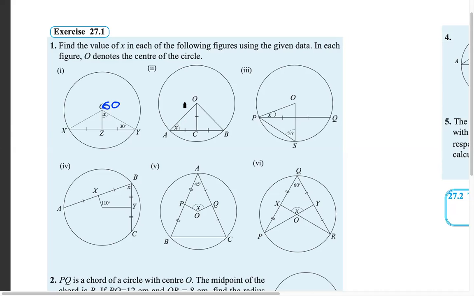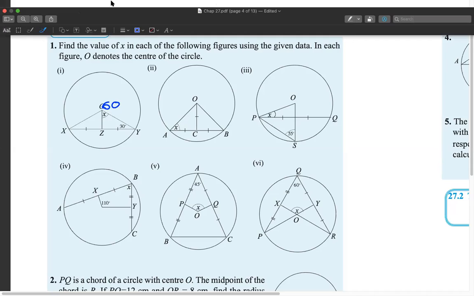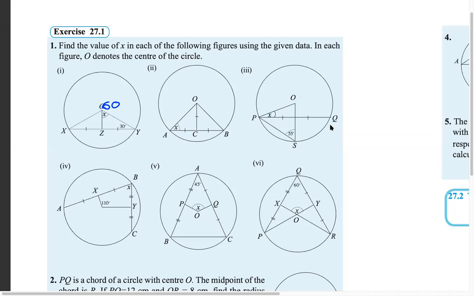Hurry up. Yes, Nirma, what is the value of x in here? 45. Yeah, exactly. It is 45.